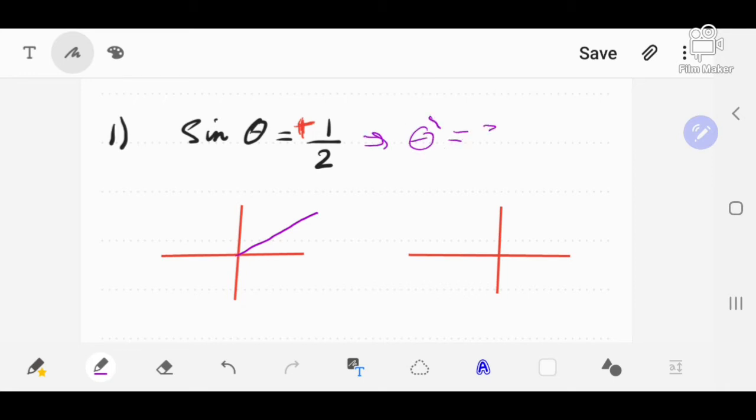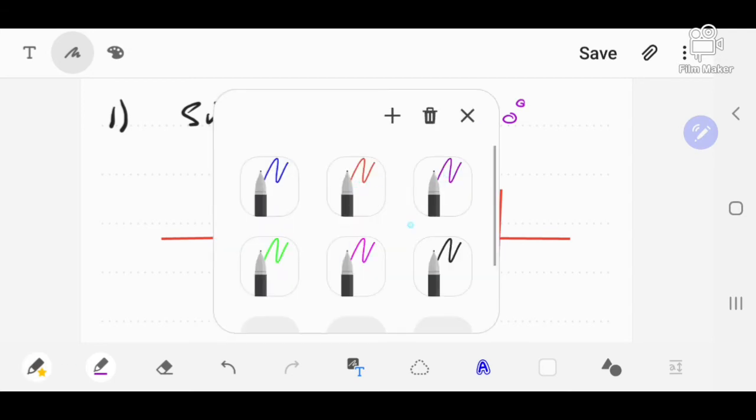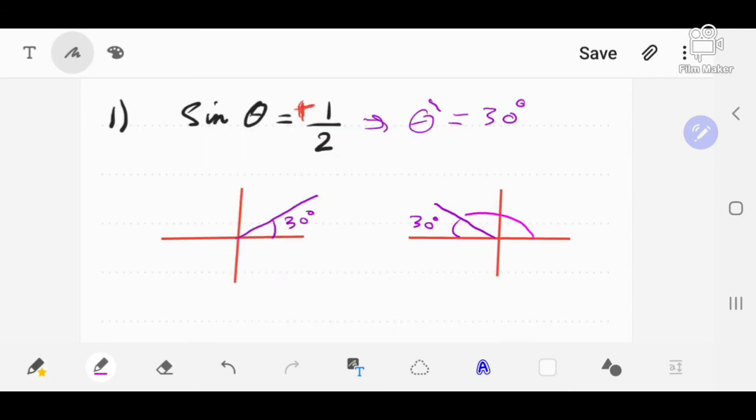Theta prime is equal to 30 degrees. So I'm talking about 30 degrees. So I either have 30 degrees in the first quadrant, or I have 30 degrees as a reference in the second quadrant. 30 degrees in the second quadrant means we are talking about 150 degrees. So sine theta equals half represents either 30 or 150.